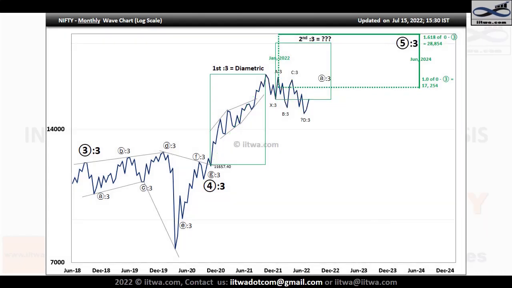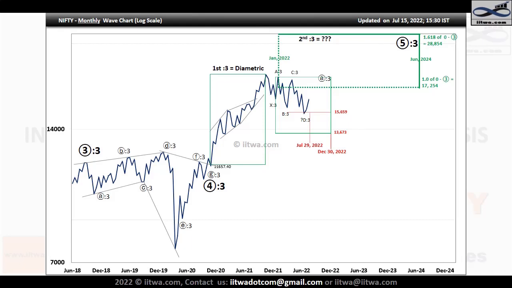Due to the price structure skewed downward, the expected price range measured from the top of wave A is the area 15,659 to 13,673, and time wise between July 29th to December 30th.